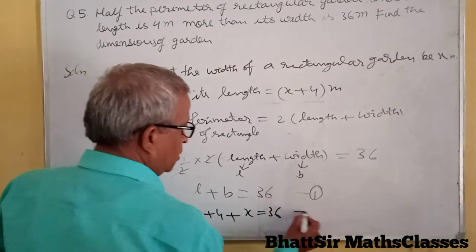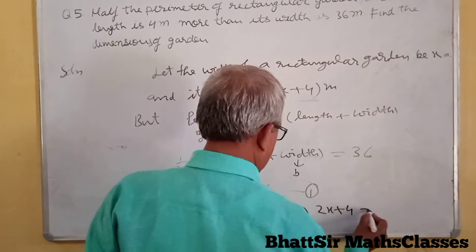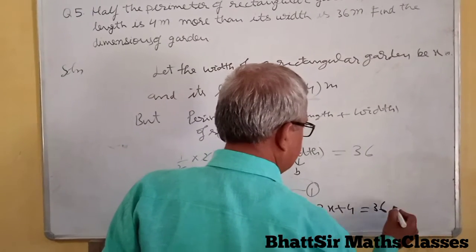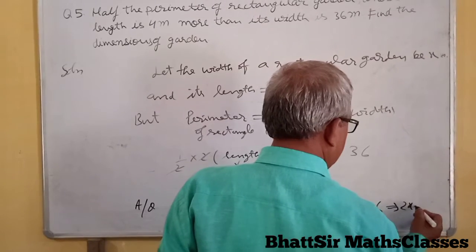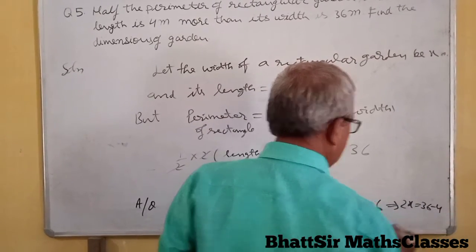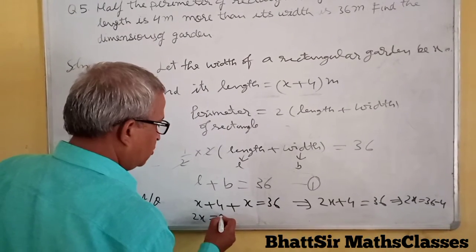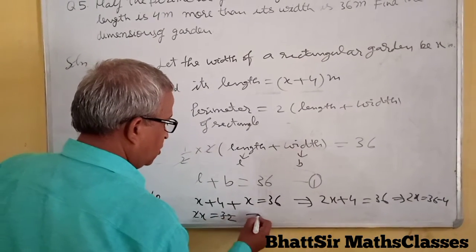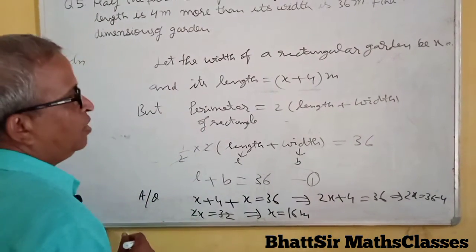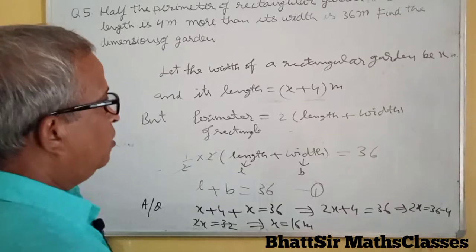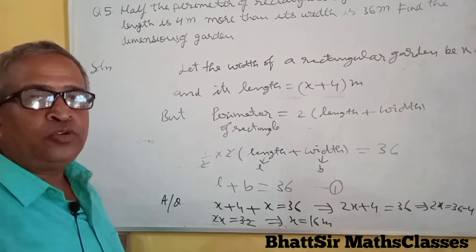So it implies that 2x plus 4 equals 36. It implies 2x equals 36 minus 4, 2x equals 32, which implies x equals 16 meter. So now I am giving a few seconds to you, write it down in your notebook.